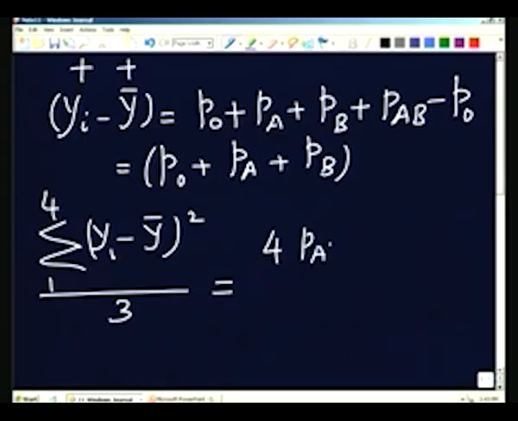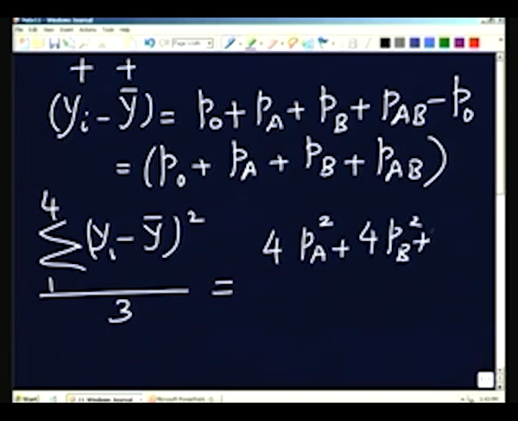I am sorry, I left out one thing here, plus PAB. So, 4 PA squared plus 4 PB squared plus 4 PAB squared divided by 3.